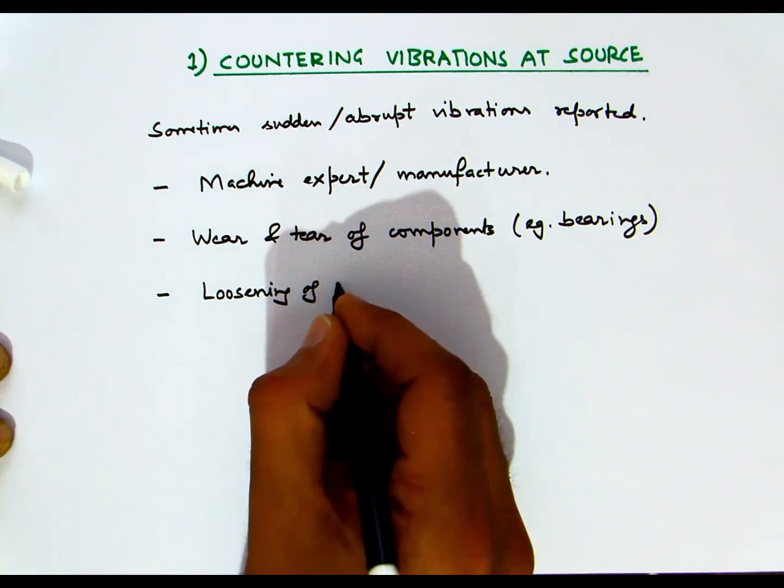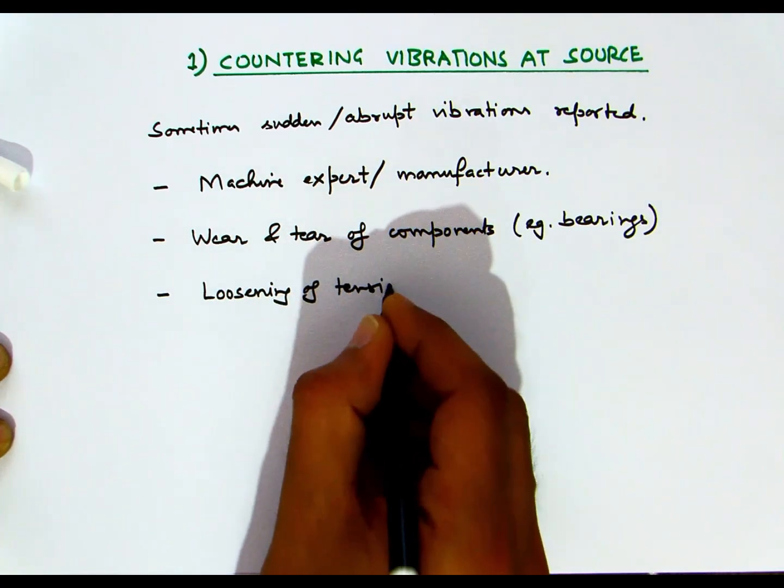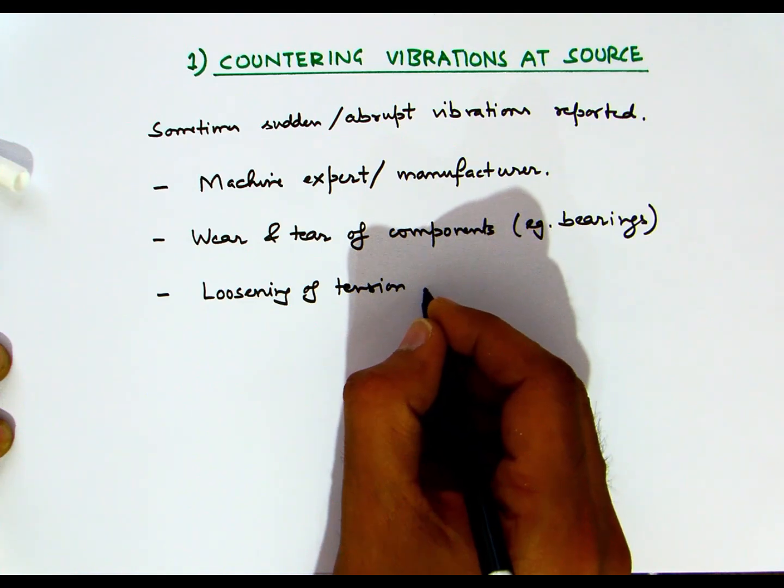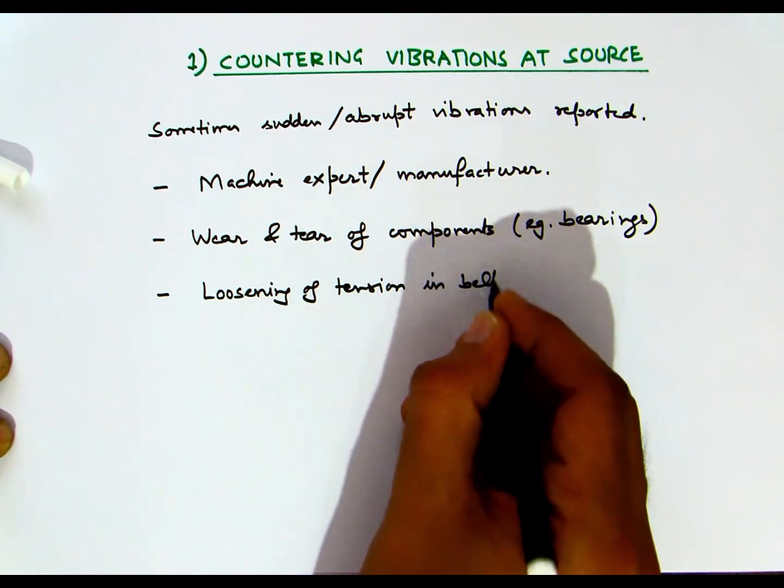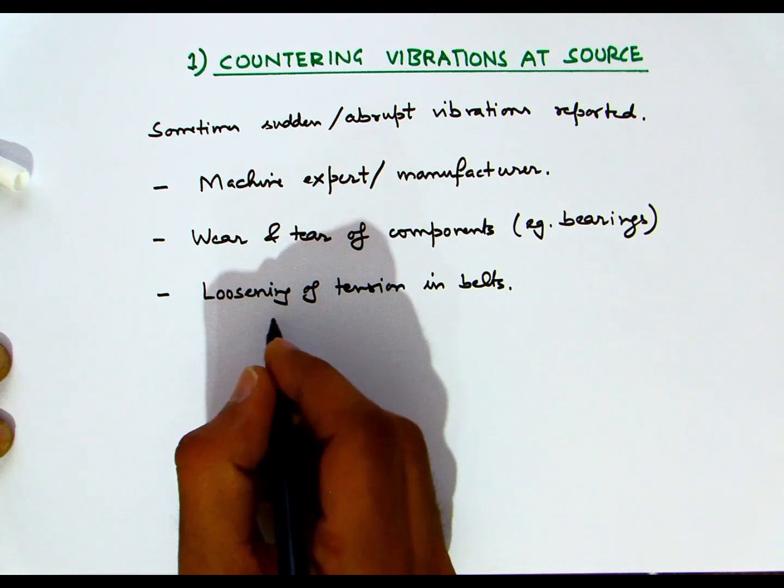Or it could be loosening of the tension in the belts, such as in the case of the older type of compressors associated with the air conditioning of the buildings.